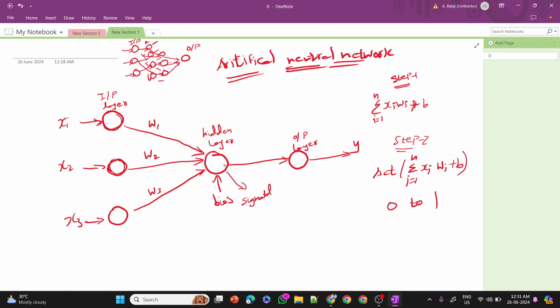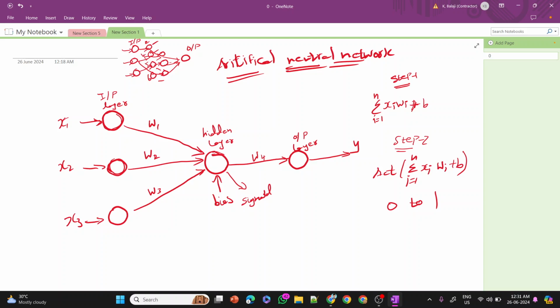And finally, after calculating this function, the output is given to the next layer.